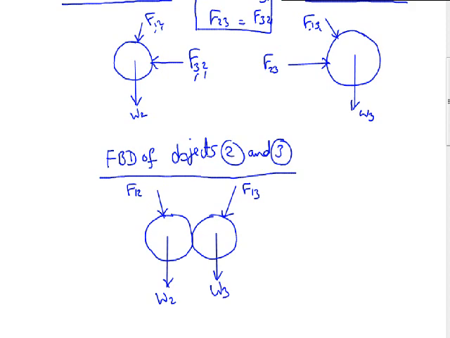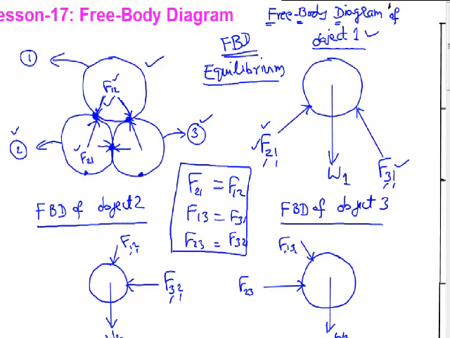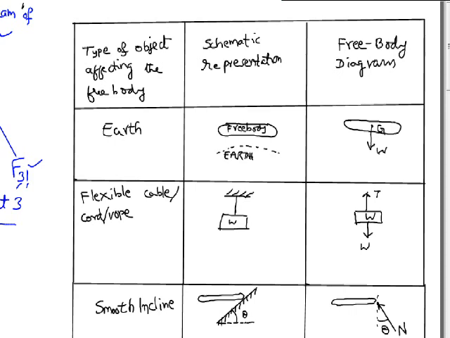Note carefully, we are not indicating the forces in between these two objects, because they will anyway cancel out, and they can be removed by the law of superposition. Okay. Now in engineering systems we may have objects getting in touch with each other in different ways. Those we will quickly see.